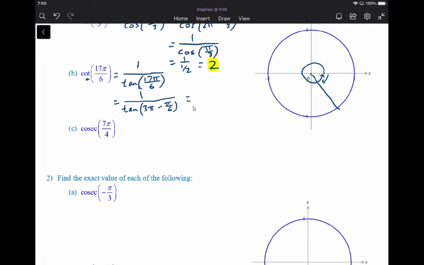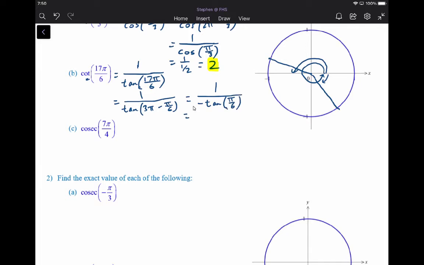Okay, so tan of 3 pi minus pi on 6, let's look at what 3 pi is. So I've already done a 2 pi rotation there. 3 pi just takes it one more further. And then when you go backwards by pi on 6, you're looking at an angle that looks something like this. So we are in the second quadrant, and in the second quadrant, tan is negative. So that's negative tan of pi on 6.